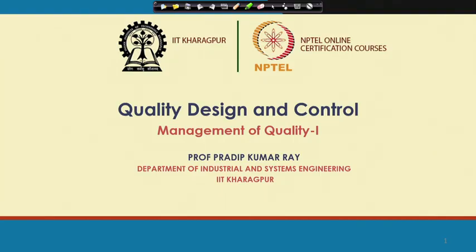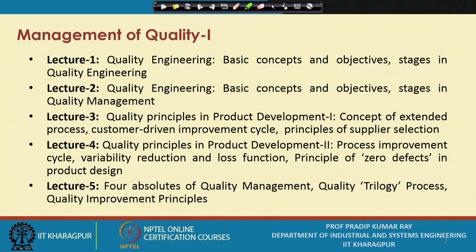During the second week for the course Quality Design and Control, I intend to cover the following topics. There will be 5 lectures, and essentially during the second week I will be talking about some basic issues related to management of quality.